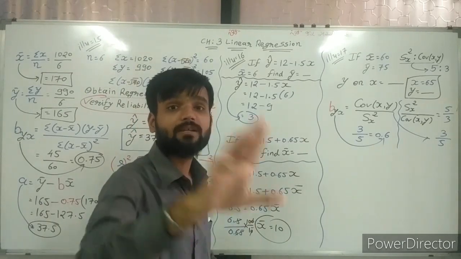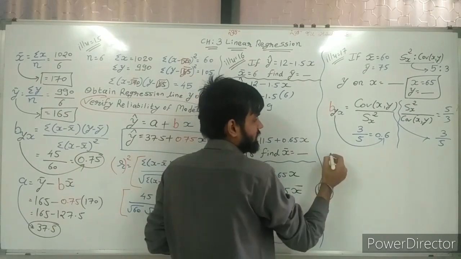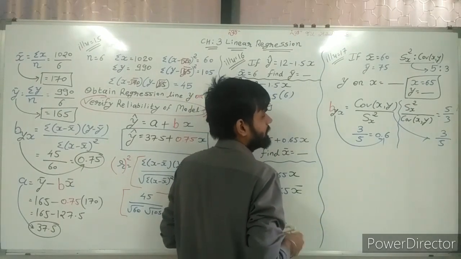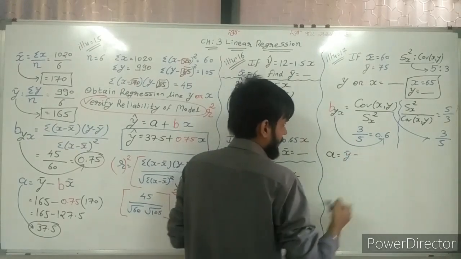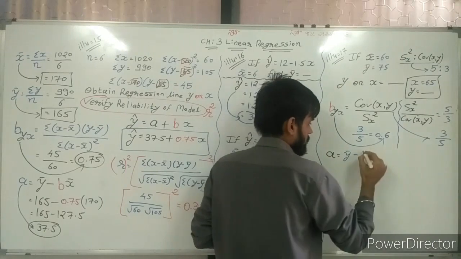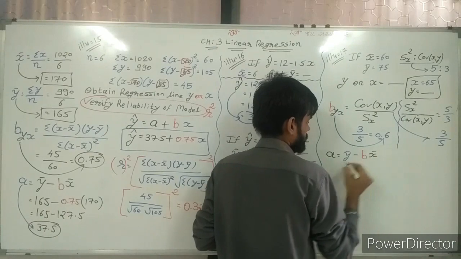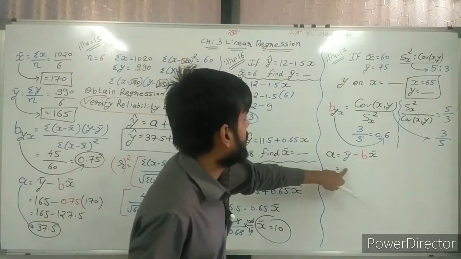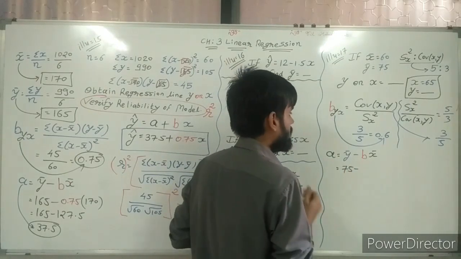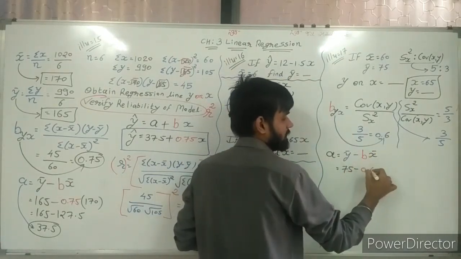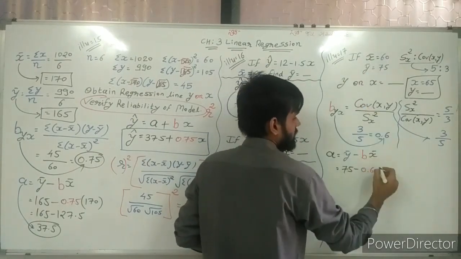Now find the value of A. How can we find A? That is also easy. Don't worry about it. A is equal to y bar minus B x bar. Now replace the values. y bar is equal to 75 given. So write down 75. B we have already found, 0.6. x bar is equal to 60.